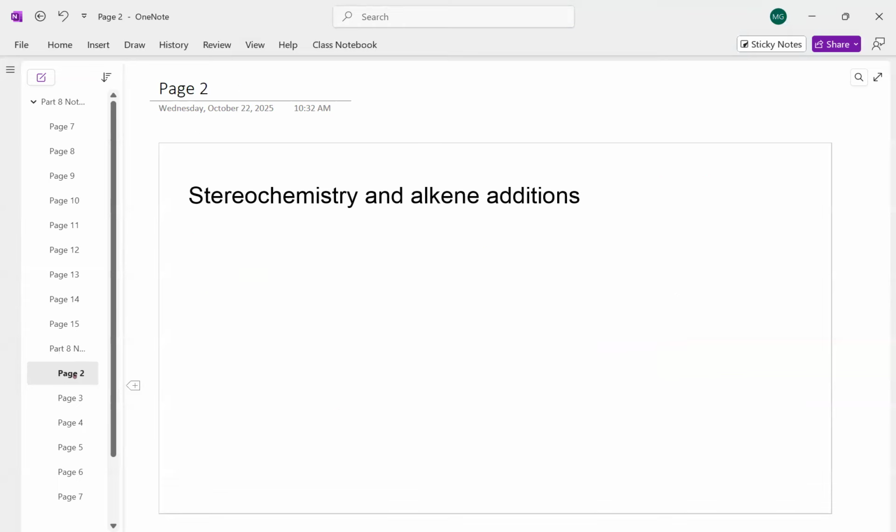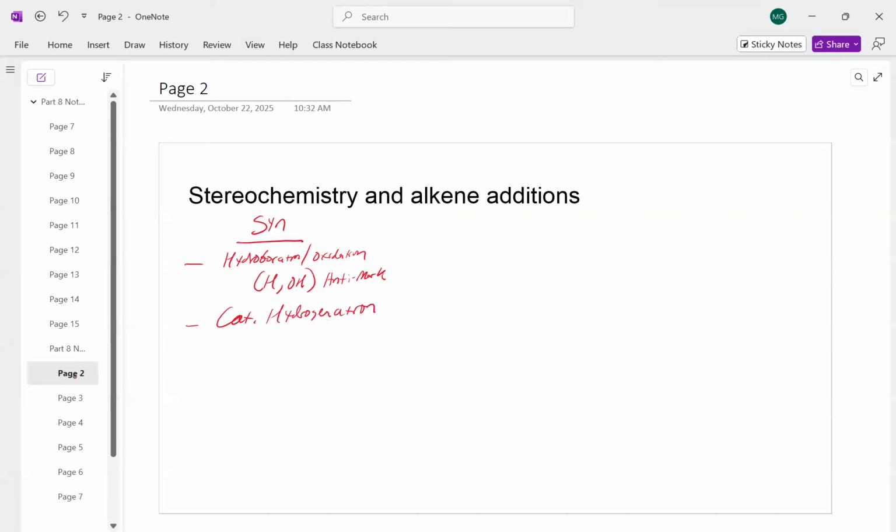So what I'm going to spend a lot of time on, because it gets a little bit more complicated, is syn versus anti. Let's review the reactions that do syn additions. Well, there was hydroboration-oxidation. Remember that added an H and an OH through an anti-Markovnikov addition. Then there was catalytic hydrogenation.